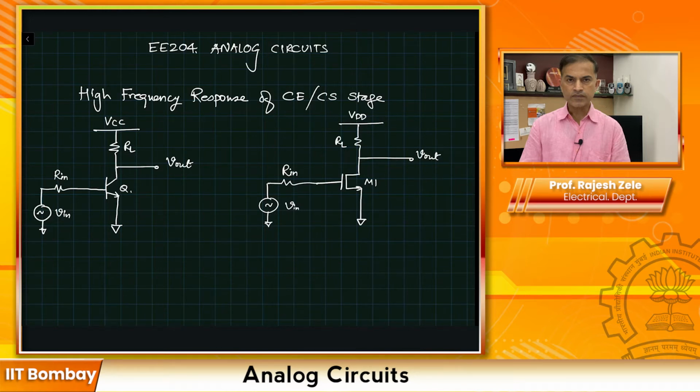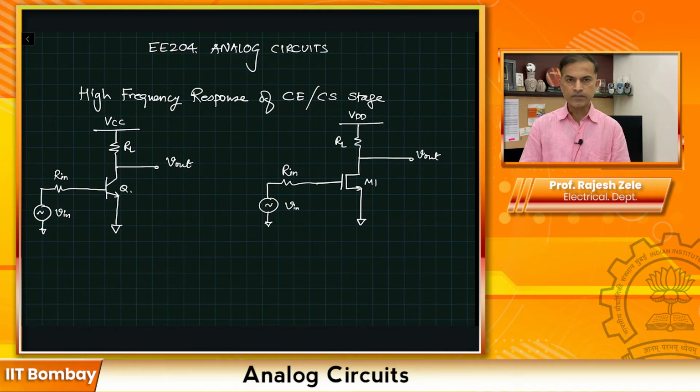Now in this particular case, the schematics that I have drawn does not show any capacitances. What we will do now is, based on what we learned for bipolar or MOSFET transistors high frequency model, we will start inserting the capacitance values.